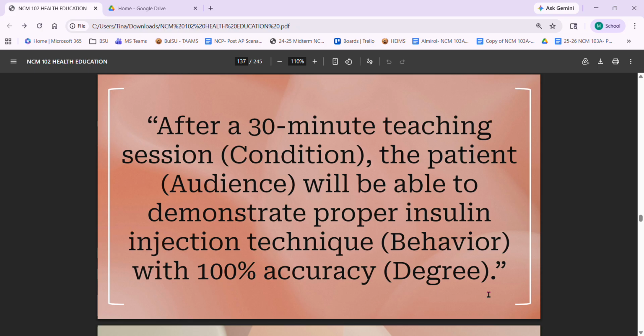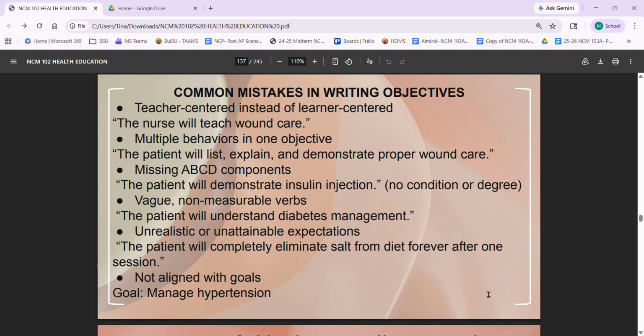Okay? So, with that, let's go to common mistakes in writing objectives. We identified a few. So, a common mistake is teacher-centered instead of learner-centered siya. So, again, when you write your behavioral objective, dapat hindi siya teacher-centered.